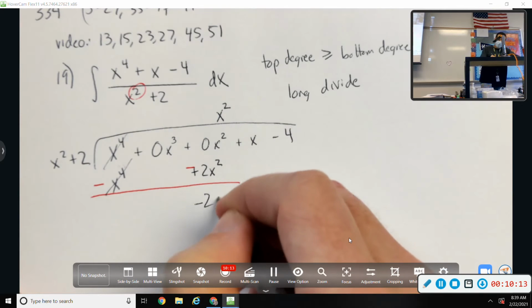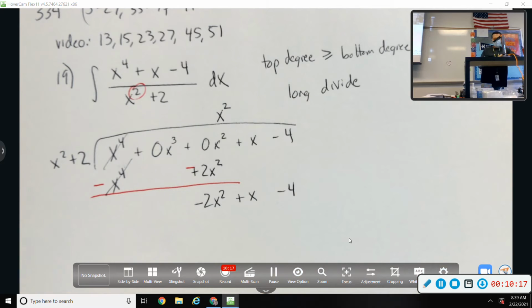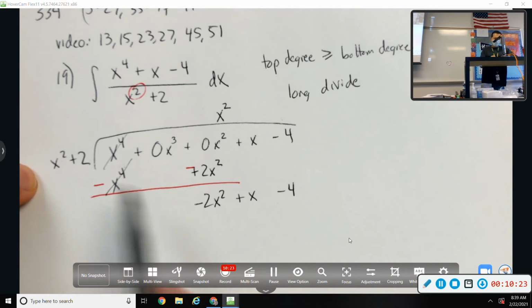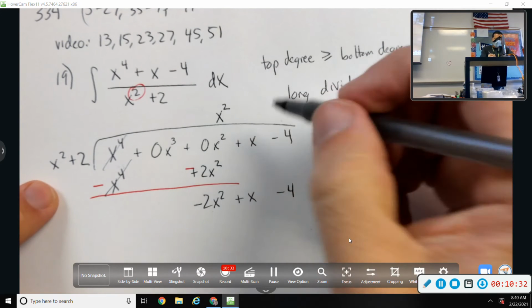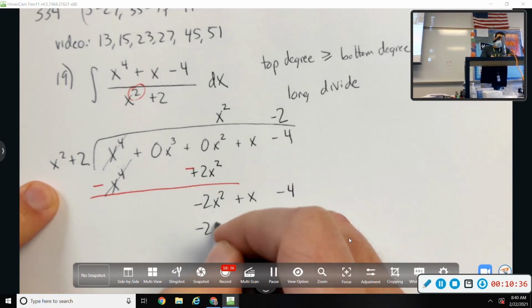And then we've got negative 2x squared plus x minus 4. So I need something times x squared to get me to negative 2x squared. All right, we don't worry about the rest of the stuff. We just worry about the lead terms, and the rest we'll just deal with it later. So negative 2 times x squared would get me to negative 2x squared.